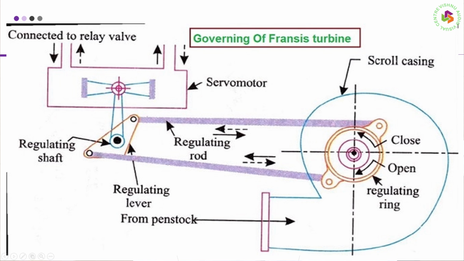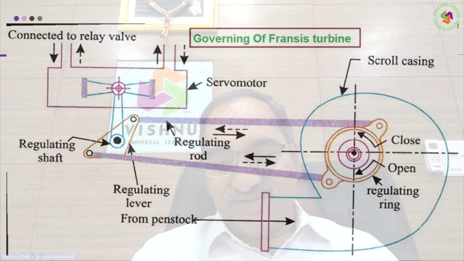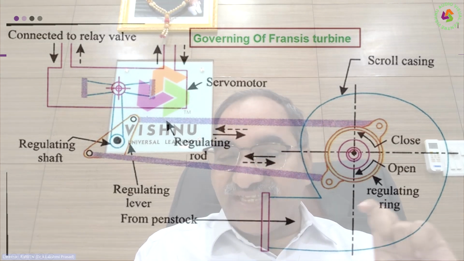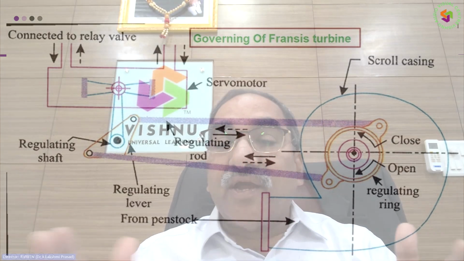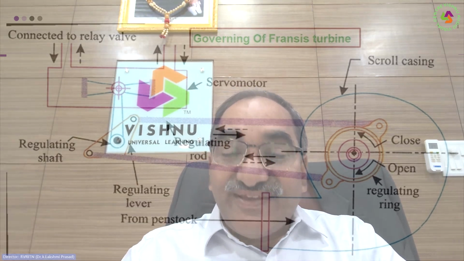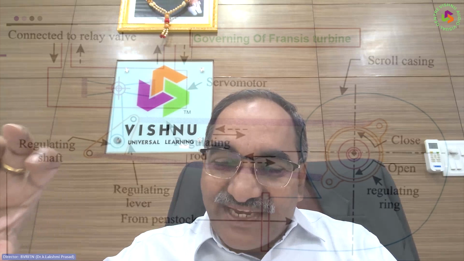How to bring that speed to normal speed is our problem. Then we use this governing mechanism and control the flow. We reduce the flow. The moment we reduce the flow, the speed of the generator reduces and comes to normal speed.